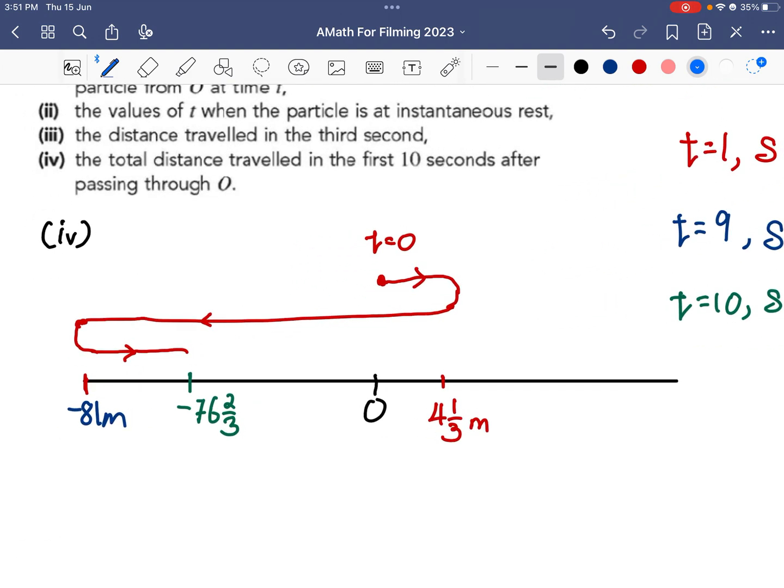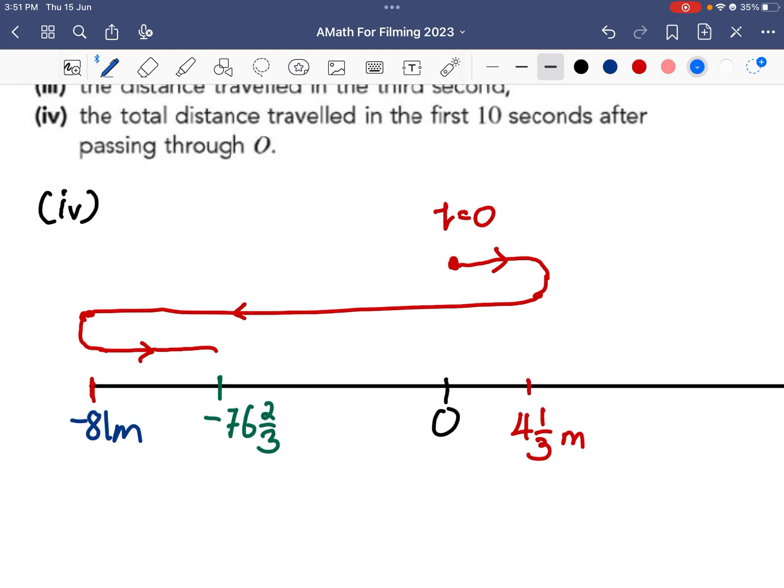So now each portion I will just label for you to see how I get all the figures here. First portion from here to here is 4 and 1/3. Then from here to here, I just alternate colors, is 4 and 1/3. Then from this 4 and 1/3 all the way to this portion here, from what I've seen on my diagram itself, this is 76 and 2/3.